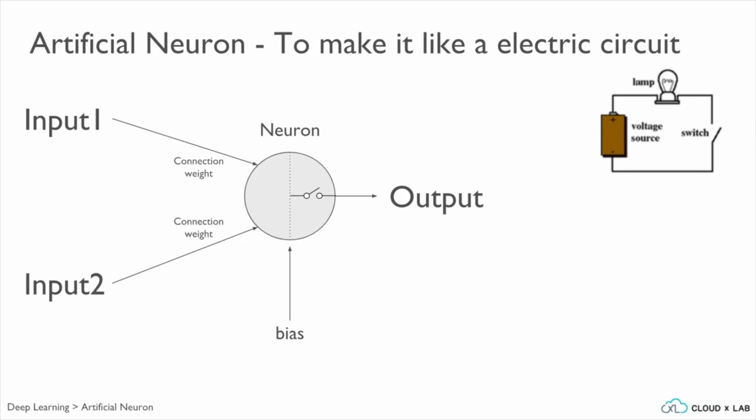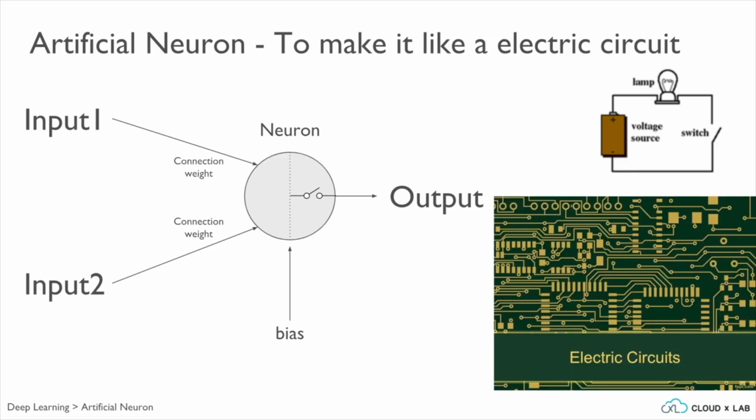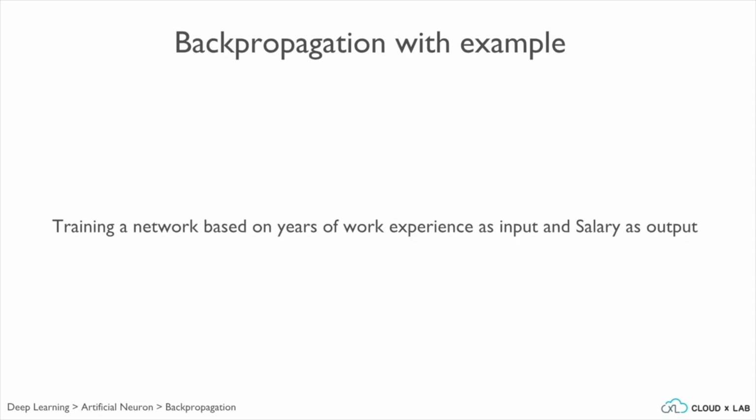If we combine a bunch of such neurons and connect to each other just like that of a series of circuits on an electronic circuit board, we can get a very complex network of neurons that can do amazing predictions. So, training a neural network is more like automatically coming up with a circuit using the data that could give desired results. But how would we train such network using historical data?